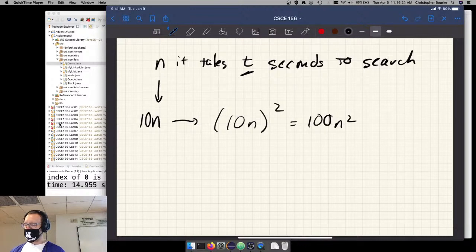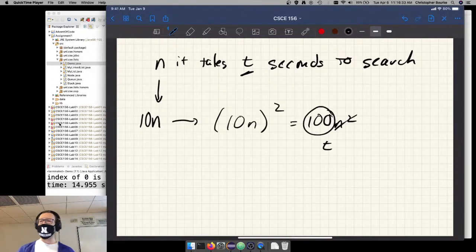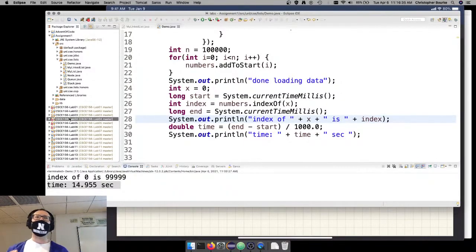And we said that it took t seconds before, so how much slower is it now? 100 times. Sound familiar? What just happened with our demonstration over here? We went from 0.135 seconds to 14 seconds. That's a 100-fold slowing of the performance. Okay?